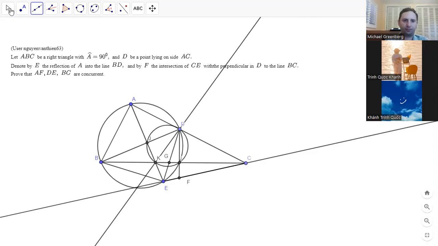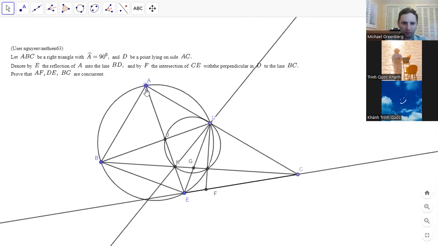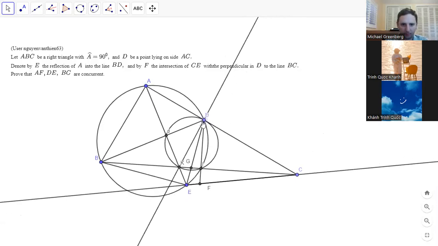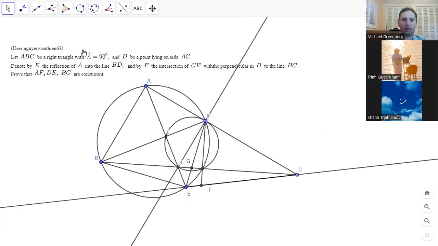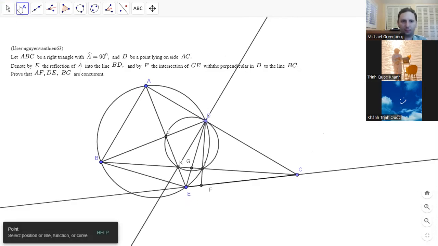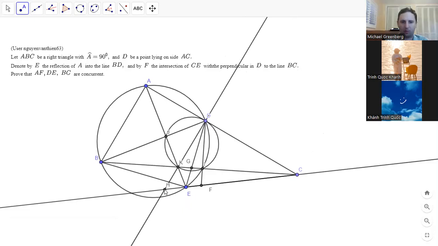So let's try that. So yeah, I don't want to make it look like these intersect on the circle. Okay, so we want to show that H, E, F, and C are harmonic, right?